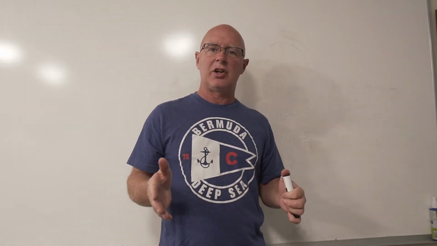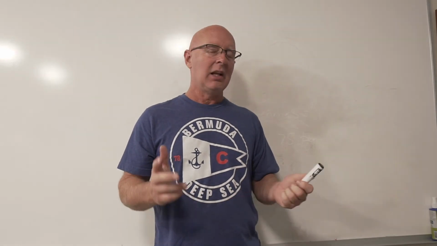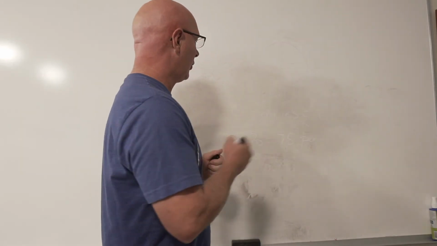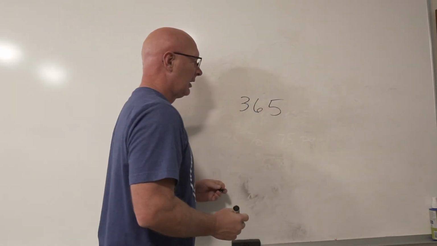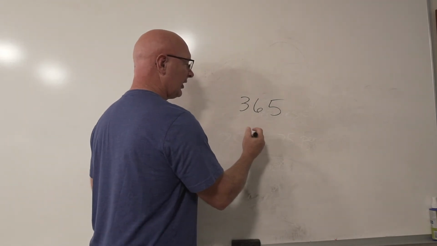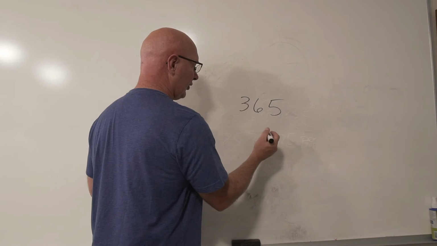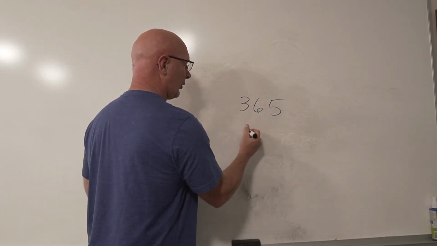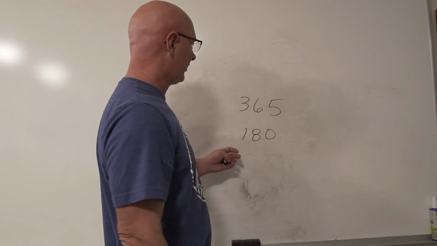What percentage of your year do you spend studying? Well, if you think about that, we know that there's 365 days in a year. So let's say that you're studying in the state of Georgia. I think it's 180 days that you're supposed to study for 4 hours a day. So we have 180 days that we're supposed to study.